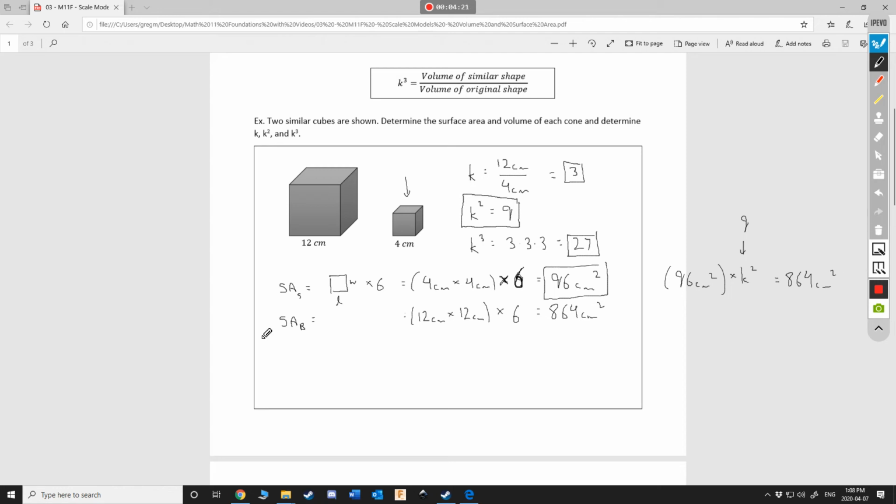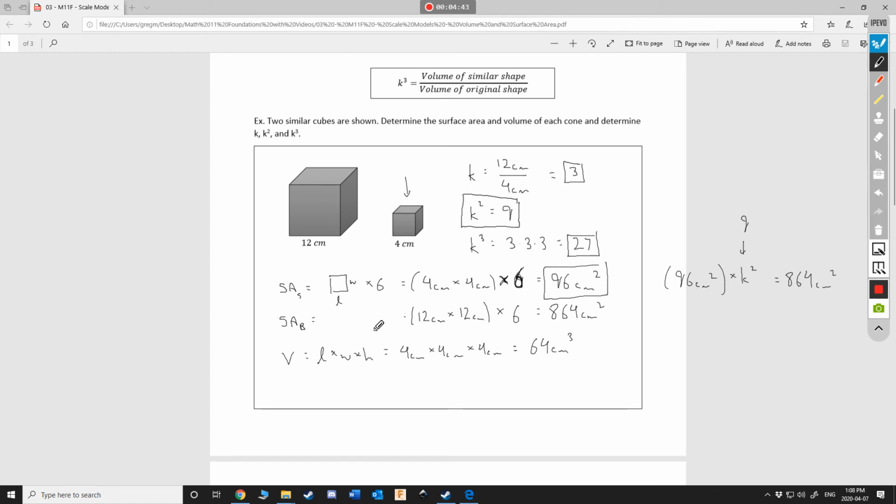For volume now, volume is just going to be length times width times height. So in this case, it's going to be 4 centimeters multiplied by 4 centimeters multiplied by 4 centimeters. So 4 times 4 is 16. And multiply that by 4 again, we get 64 centimeters cubed.